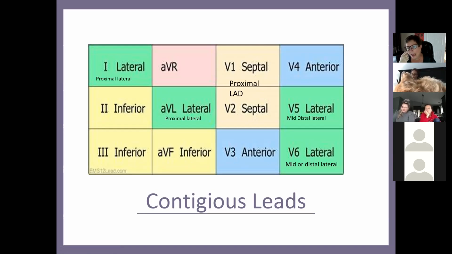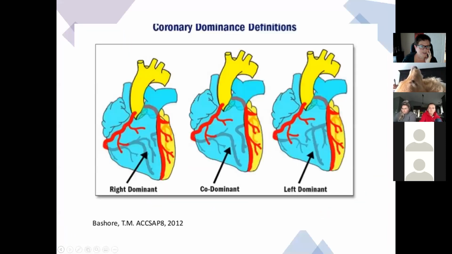Next leads I look at, some people look at V1, V2, V3, and V4 all together. But the majority of people will divide them. V1 and V2 look at the intraventricular septum. And I'm just going to go back here to a picture for a minute.